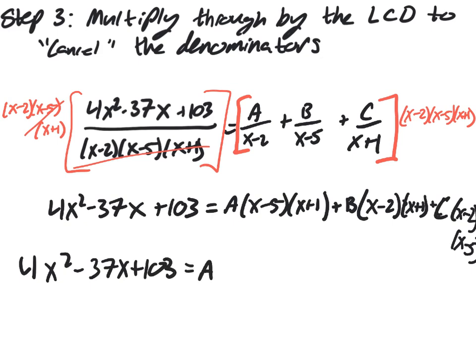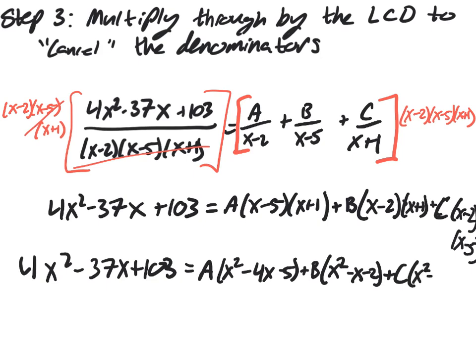So this will become a, if I multiply those binomials, we'll get an x squared minus 4x minus 5 plus b, and if I multiply those, we'll get an x squared minus x minus 2, and then plus c times x squared minus 7x plus 10.